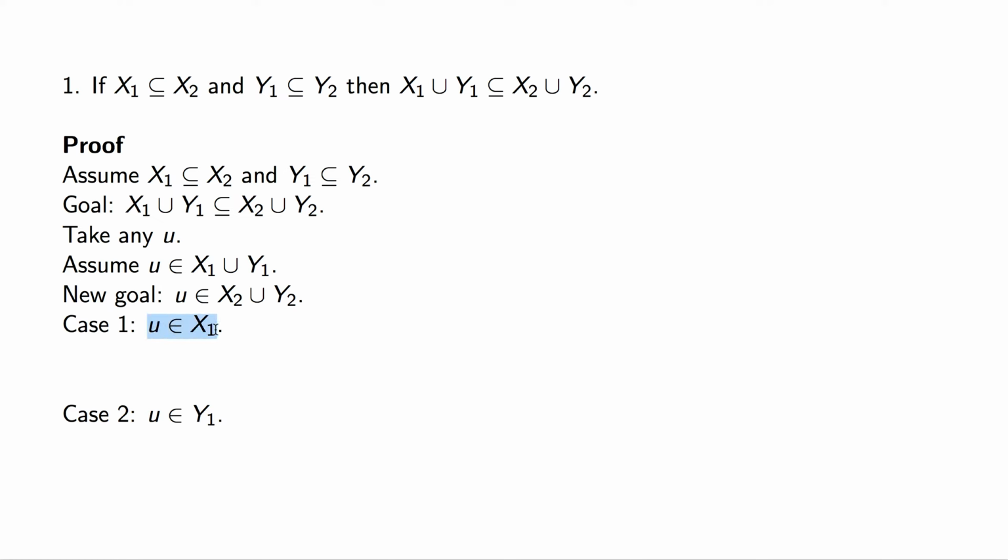This is an additional assumption the case gives us. We still work under this assumption, and this is our goal. So in case 1, I can say that using the assumption marked by an asterisk, or more exactly using this part of this assumption, I can see that U is a member of X2.